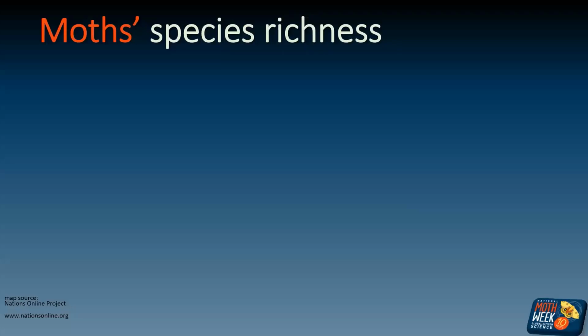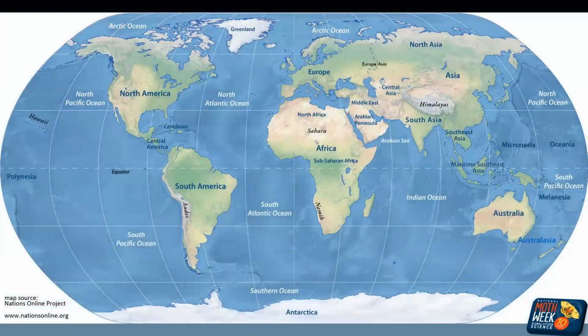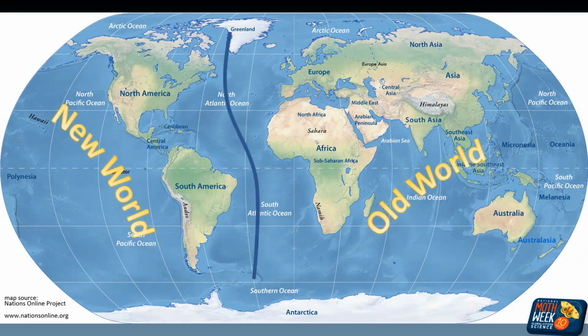Now, distribution. Globally, we have something like 160,000 species of moth described, with a further 150,000 to 200,000 by most counts estimated. But there's a big divide in the way these species are distributed across the world, into the Americas or the New World, and the combination of Europe, Asia, Africa, and Australia, the Old World.